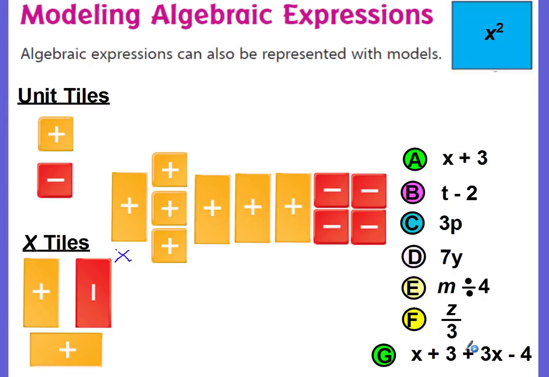Then we have plus 3. 3 units, they're positives, so we need 1, 2, 3 positives. Then we have 3 positive x's. So we need 3 more x's. And then minus 4 means 4 negative units. And this would be our 4 negative units. And that's how we would model this long expression here.